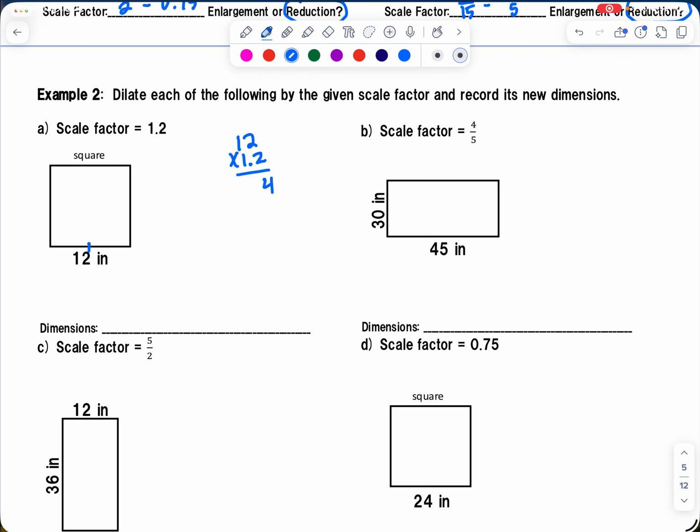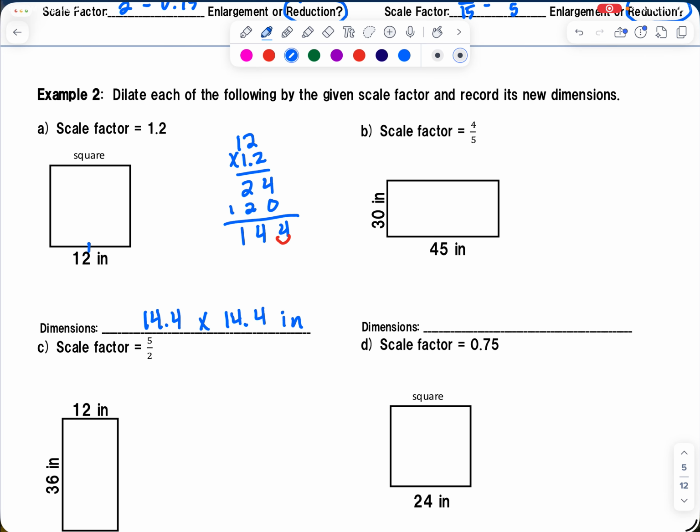So that would be 2 times 2 is 4, 2, drop a 0, 4, 4, 1. Move my decimal in one place. So my dimensions of my new square would be 14.4 by 14.4 inches.